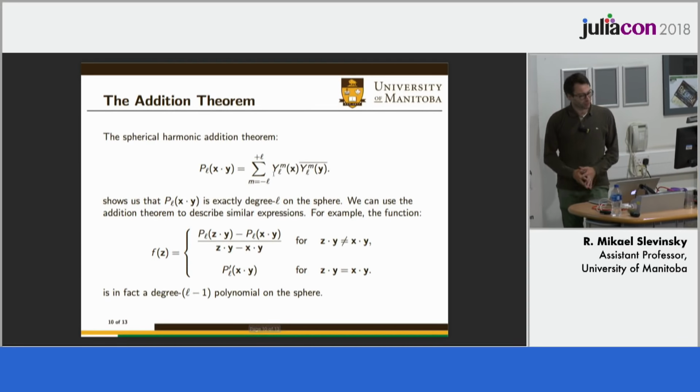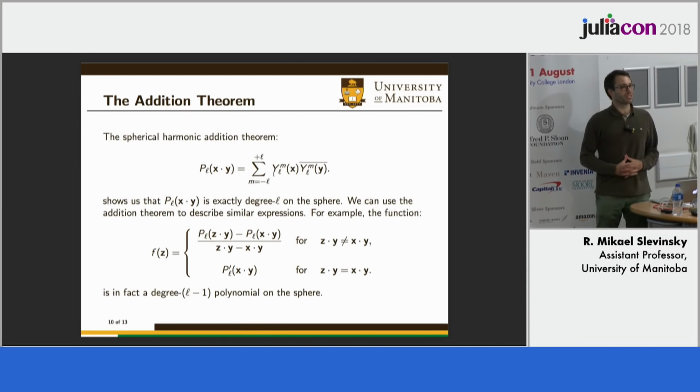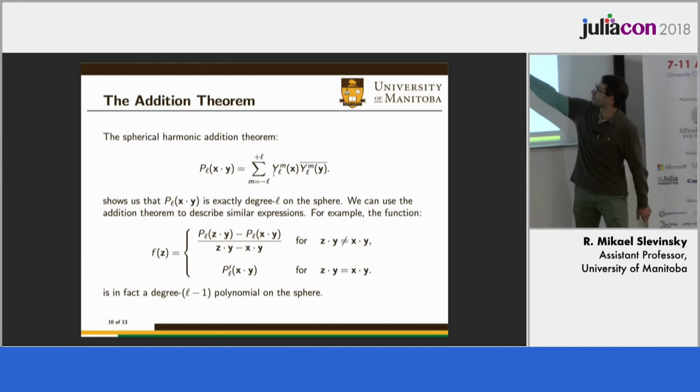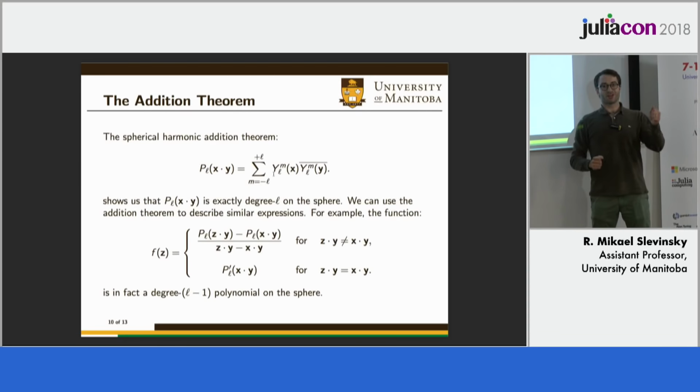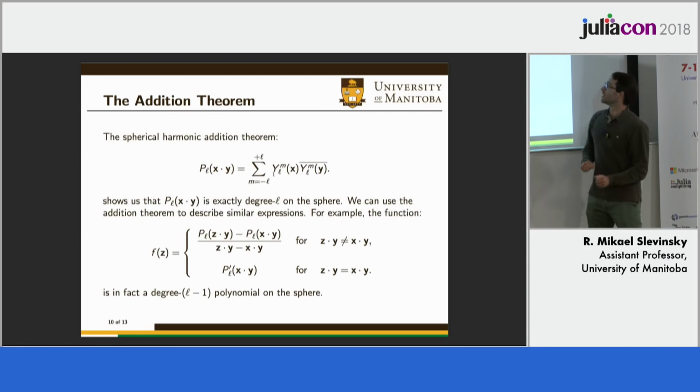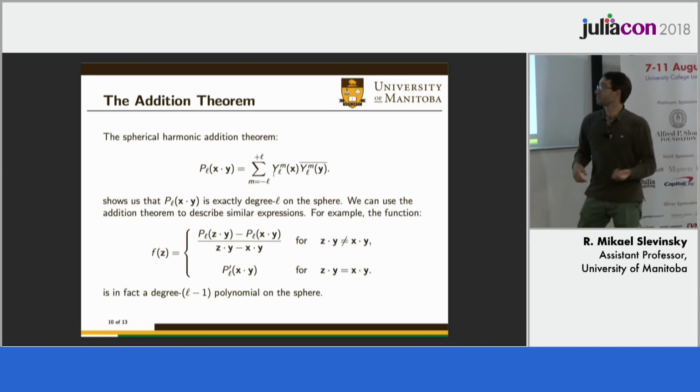Okay, so one really cool thing about spherical harmonics is that P_L of x dot y, where x and y are two unit vectors in R3, essentially points on the sphere, is given in terms of a sum of exact degree L spherical harmonics. This is a sum over m.